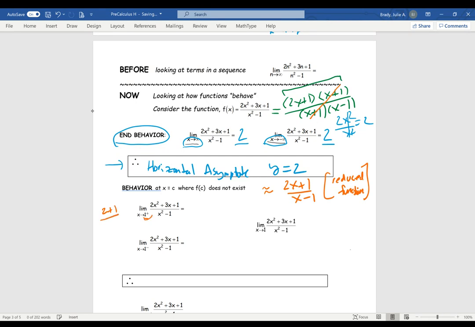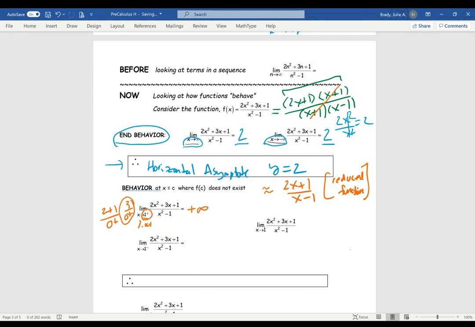If we're putting in a little number like 1 plus, so maybe think 1.001, then in the denominator you'd have a number super close to 0, but a little bit positive. So this function is behaving like 3 over 0 plus. That's one of our basic forms. It's a positive number, and it's exploding up. So that is going to plus infinity.